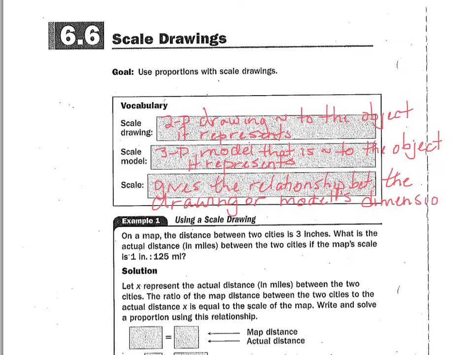And basically what that's saying, if I have one inch on a drawing, that might represent 12 inches on the actual picture. Or on a map, 1 inch on your map might represent 80 miles driving.